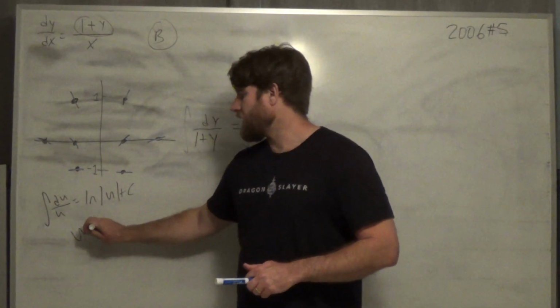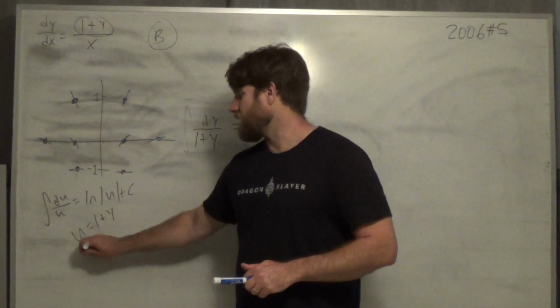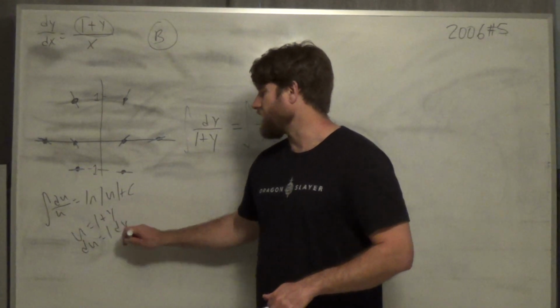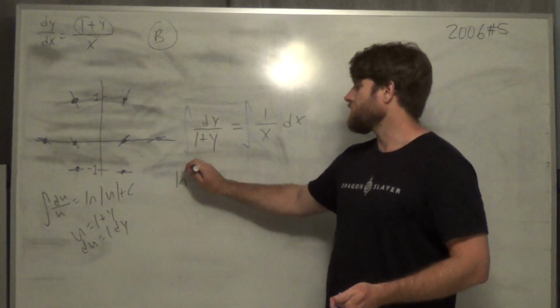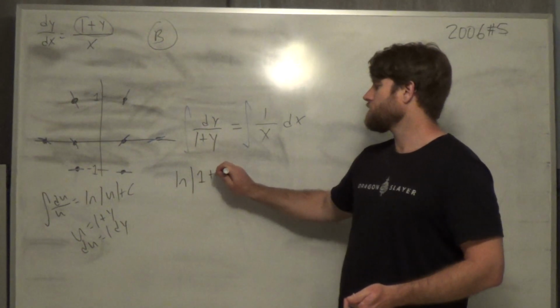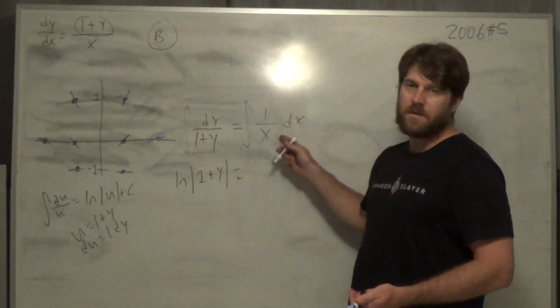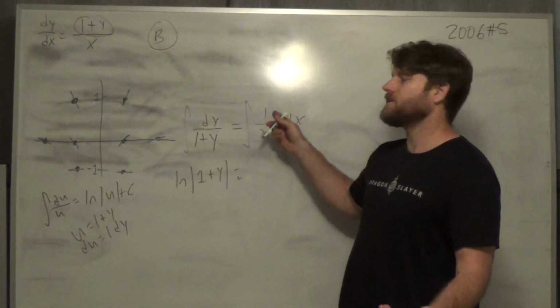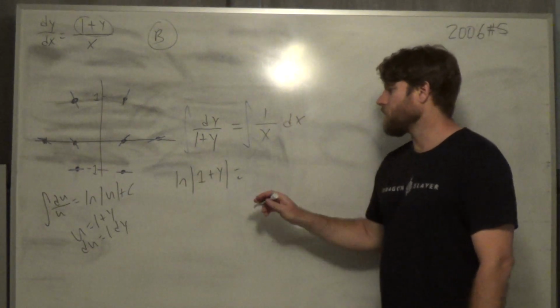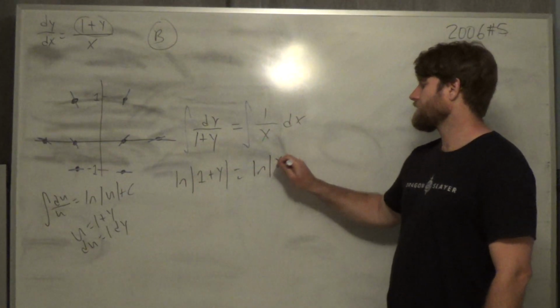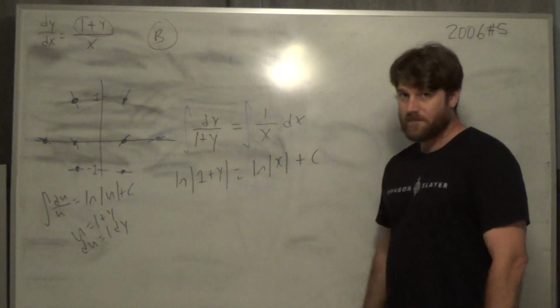For the first one, if my u is 1 plus y, my du is 1 dy. And what do we have on top? 1 dy. So this is already du over u. So it's ln of u. And over here, if x is on the bottom, the du is 1 dx. Perfect. This is exactly du over u. So this is ln of x plus c.